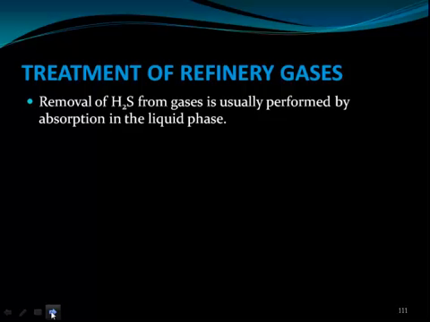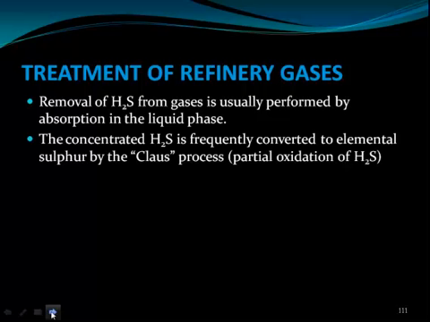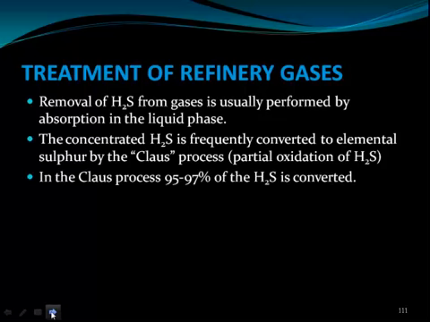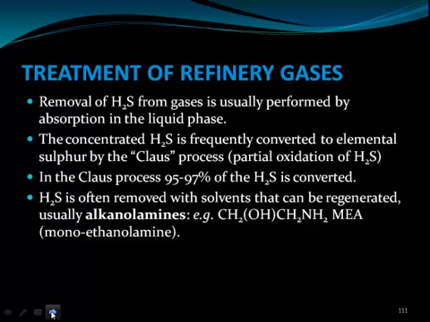Removal of hydrogen sulfide from gases is usually performed by absorption in the liquid phase. The concentrated hydrogen sulfide is frequently converted to elemental sulfur by the Claus process, which is partial oxidation of hydrogen sulfide. In the Claus process, 95 to 97% of the H2S is converted.